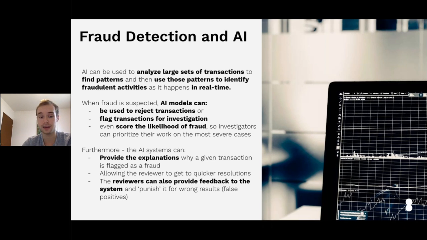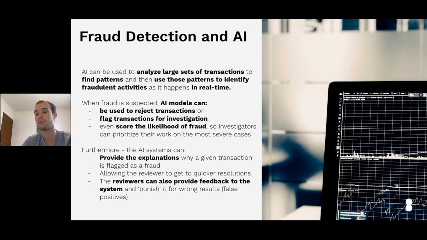As we have seen, AI systems can also provide explanations for their decisions, which helps reviewers to quickly evaluate a decision that the system makes. And some advanced systems, which does not include the one we built, can also incorporate more direct feedback from the reviewers that helps the model to become more accurate.